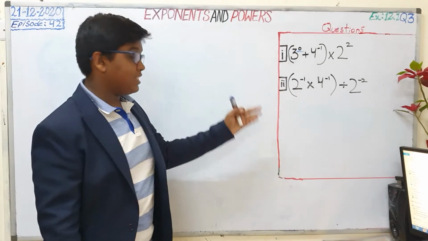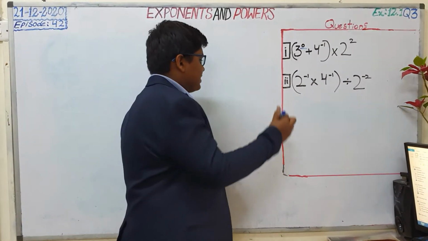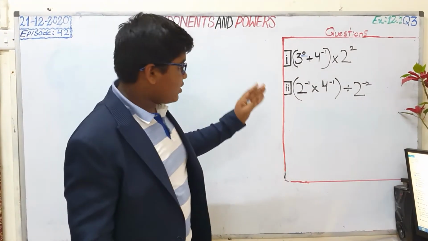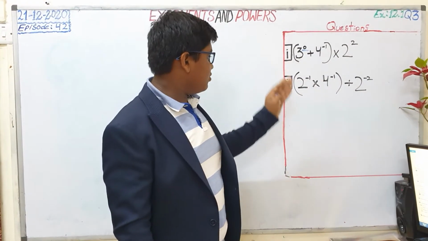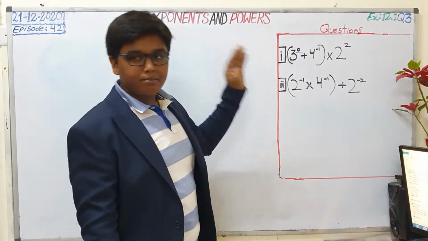Now this is question number 2 and the last question of this video. This question asks us: 2 raised to the power minus 1 into 4 raised to the power minus 1 divided by 2 raised to the power minus 2.